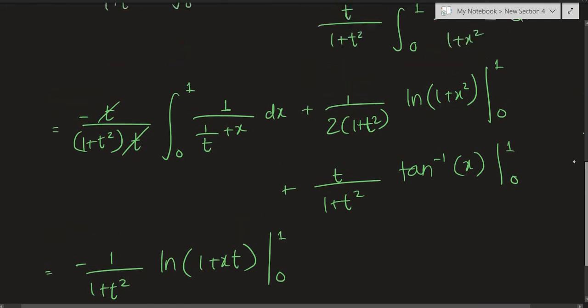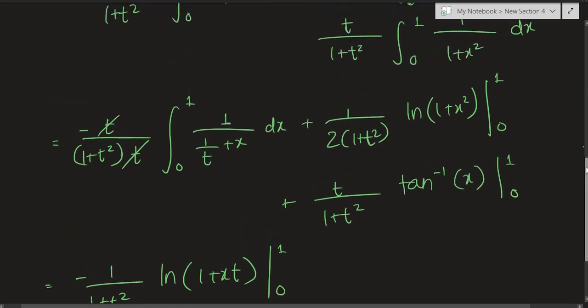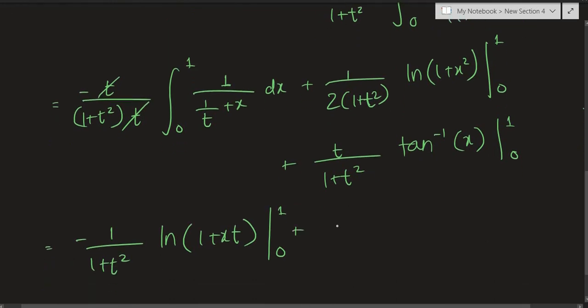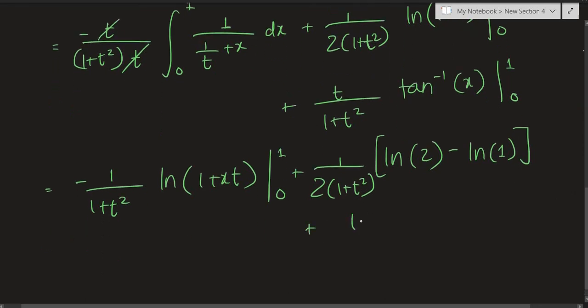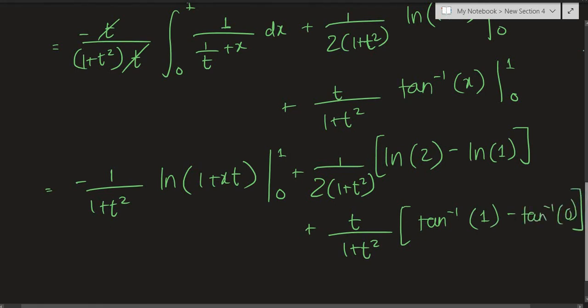So it's time to evaluate this from 0 to 1. So let's plug in 1. So 1 over 2 times 1 plus t squared times the natural log of 1 plus 1, which is 2, minus natural log of 1 plus t over 1 plus t squared times inverse tangent of 1 minus inverse tangent of 0.